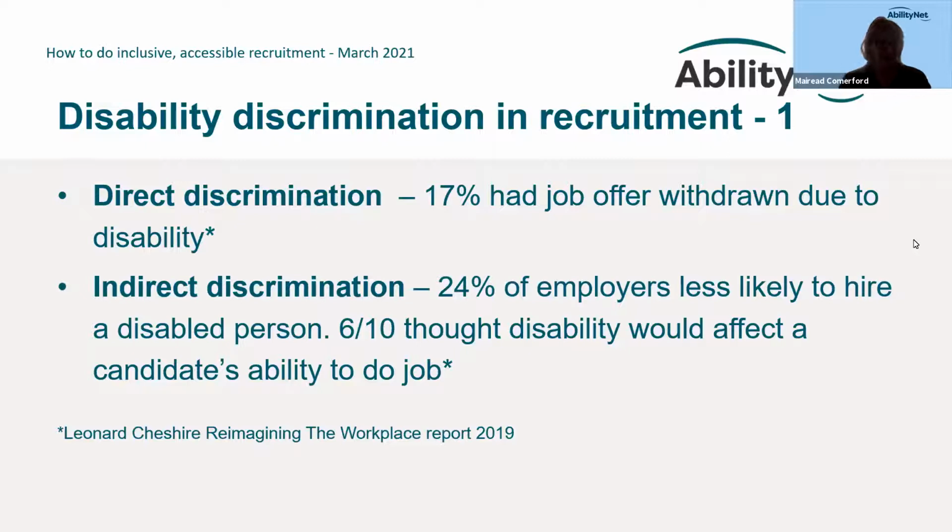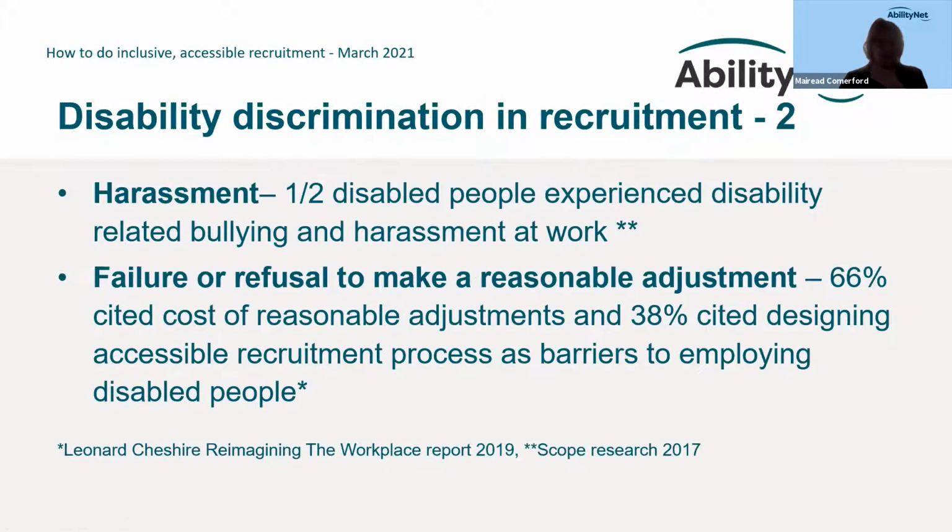If we go on to the next slide, we can look at harassment and then reasonable adjustments, putting those in place. So harassment defined by the law is unwanted conduct which is related to a relevant protected characteristic.